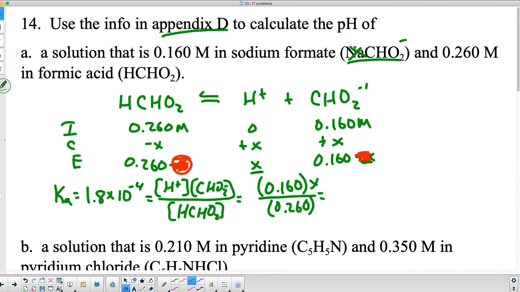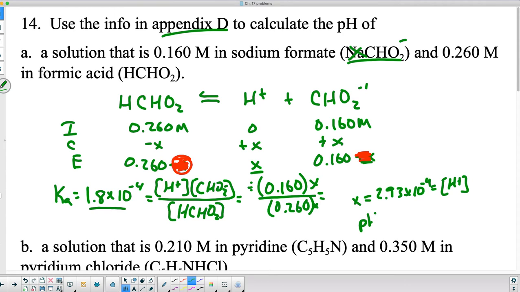When I solve, what I end up with is X equaling, because I'm using this number over here, I multiply both sides by this and divide both sides by that, and I get X equal to 2.93 times 10 to the negative fourth, which is my hydrogen ion concentration.